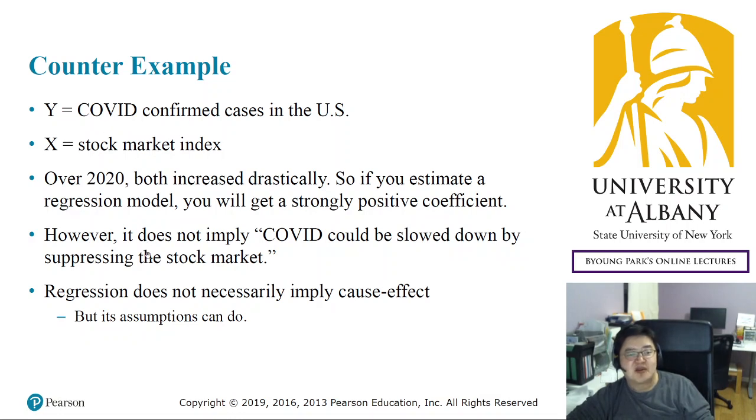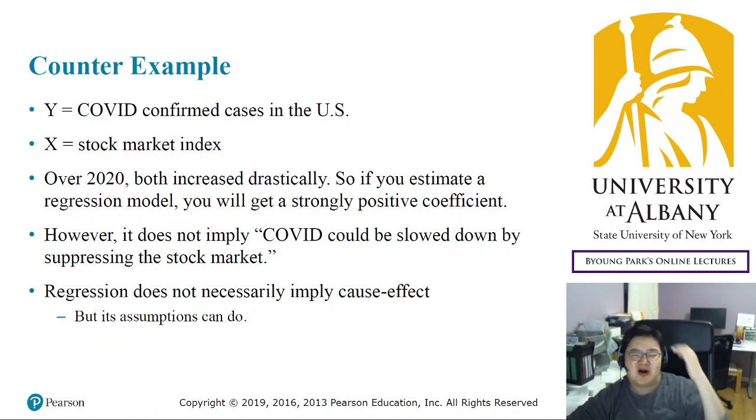Obvious, right? Of course, then you cannot say COVID could be slowed down by suppressing the stock market. Stupid statement. In this example, this statement is too obviously wrong. So you know what's the problem.